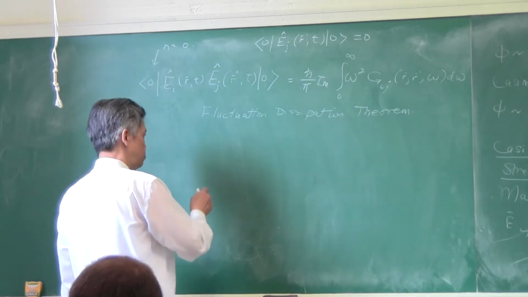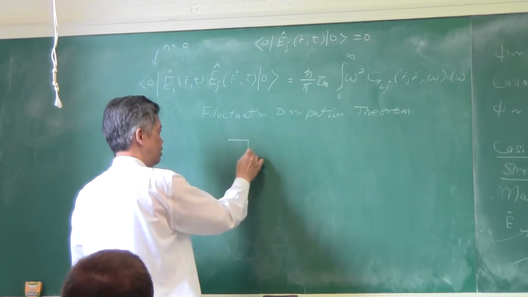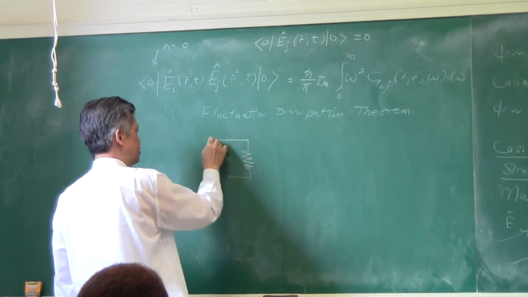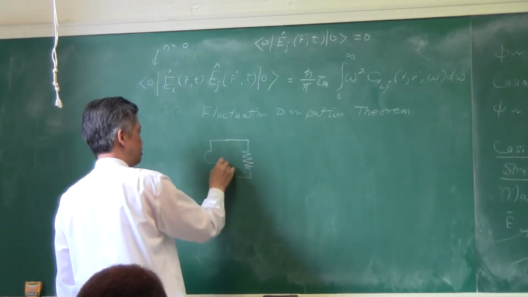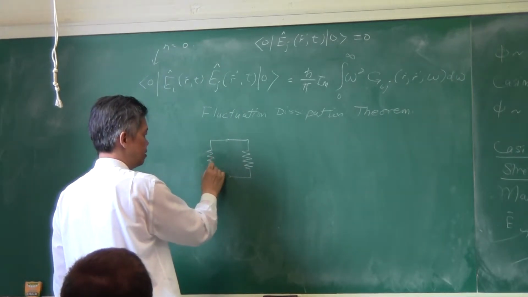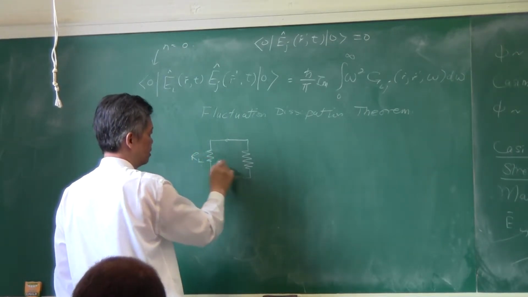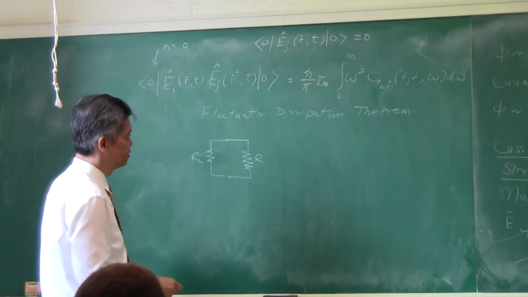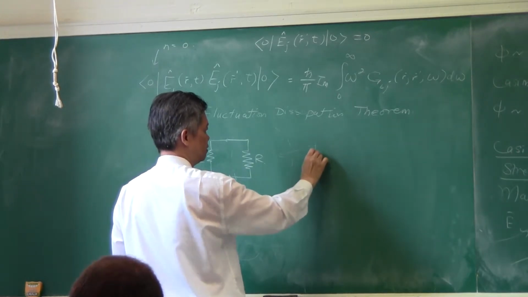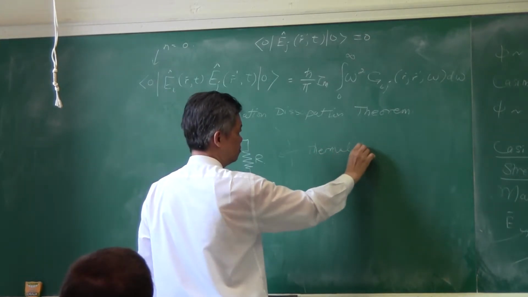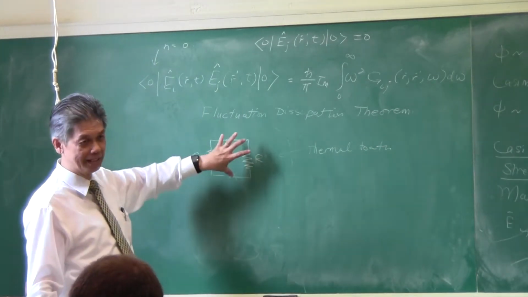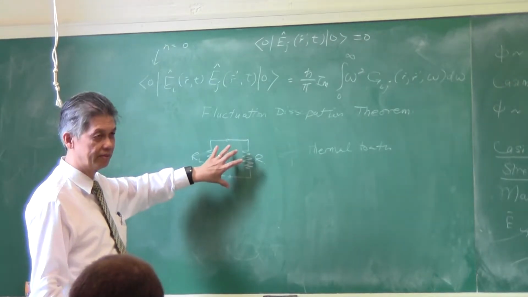That is that if you have a resistor, say connected maybe to another load, this is R. If this resistor is in a thermal bath, then there will be fluctuating electromagnetic energy in the environment of this resistor.